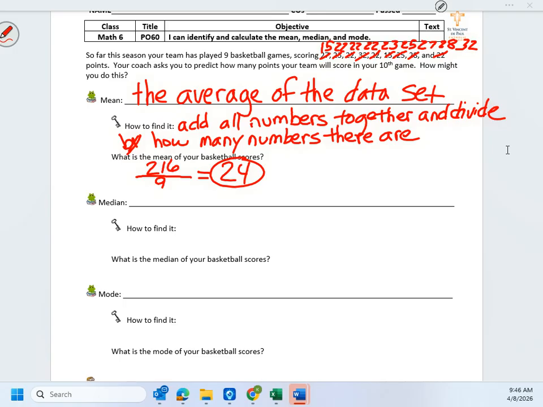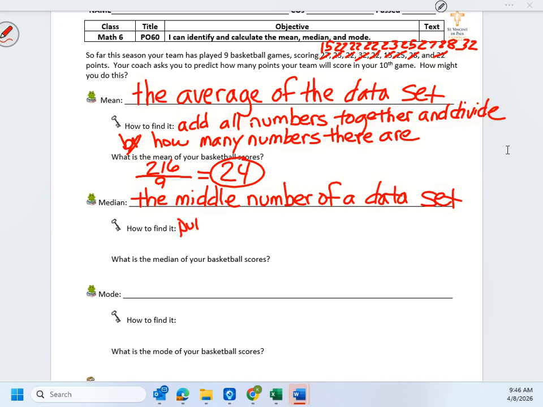Next we have the median. We talked about how the median is the middle number of a data set. This is when it becomes super important that we put the numbers in order from least to greatest, right? This is the important one for that.